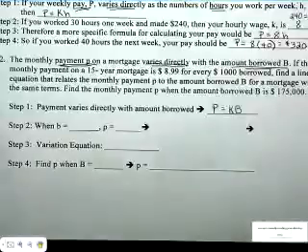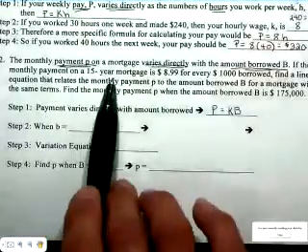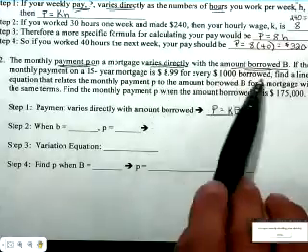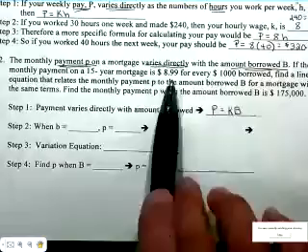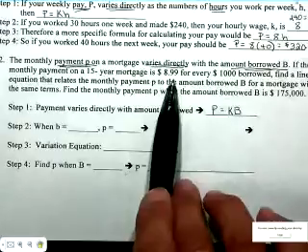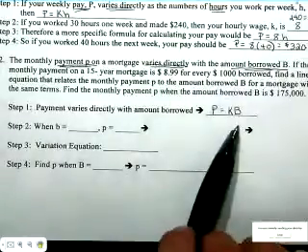All right, going back to the problem, if the monthly payment on a 15-year mortgage is $8.99 for every $1,000 borrowed, you can stop right there and tell me which variable stands for what that $8.99 is. That's the payment when the amount borrowed is $1,000.